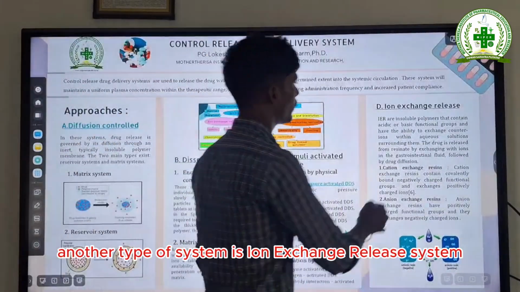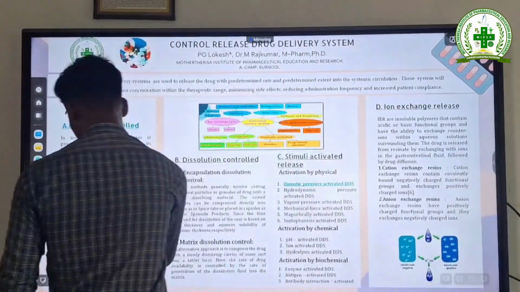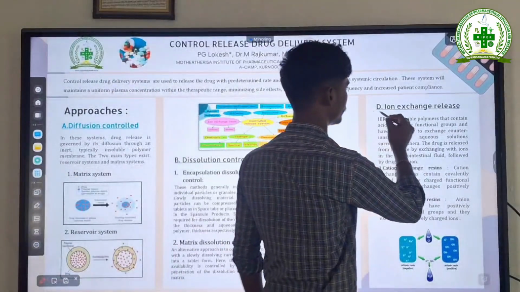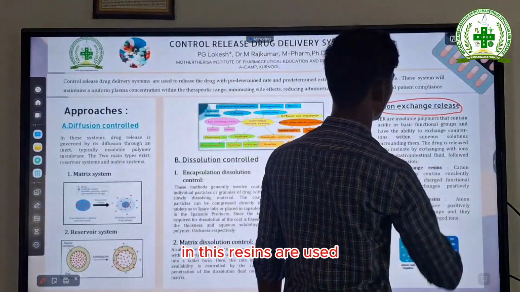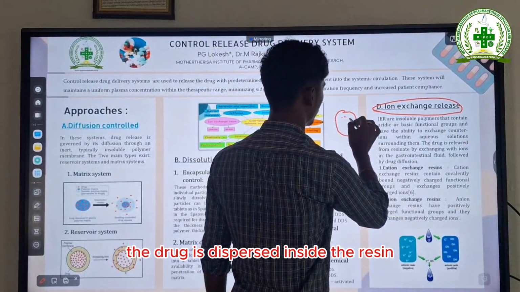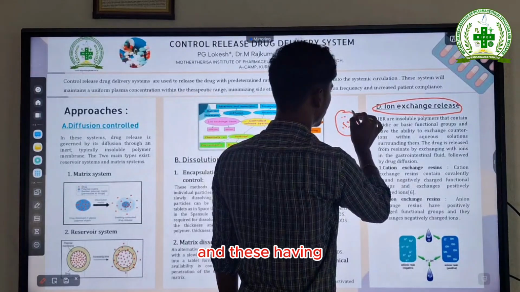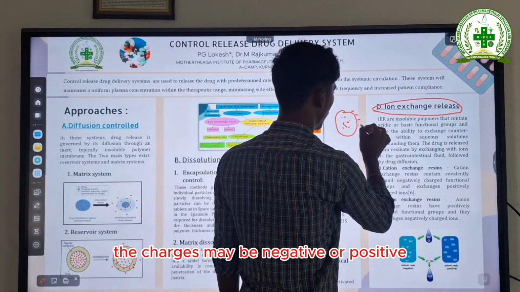Then another type of system is ion exchange release system. In this, resins are used. The drug is dispersed inside the resin, and these have charges, which may be negative or positive.